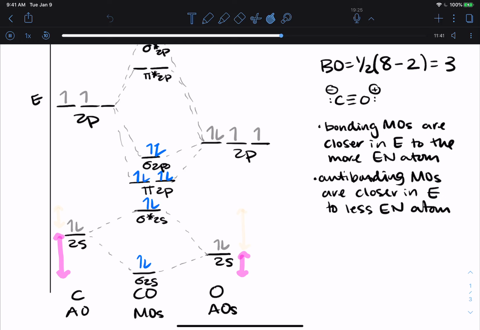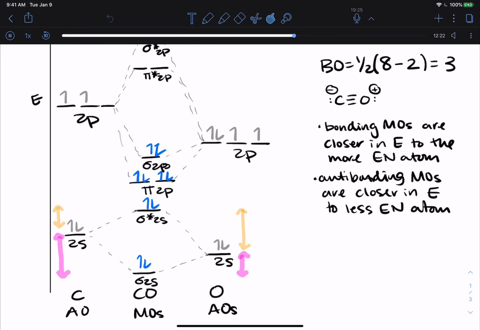If we look at the same for the anti-bonding MOs, the distance between this 2s and the sigma star 2s is very small compared to the distance between the oxygen 2s and the sigma star 2s. So more electronegative, closer in energy to bonding, less electronegative, closer in energy to anti-bonding, and this influences our pictures.